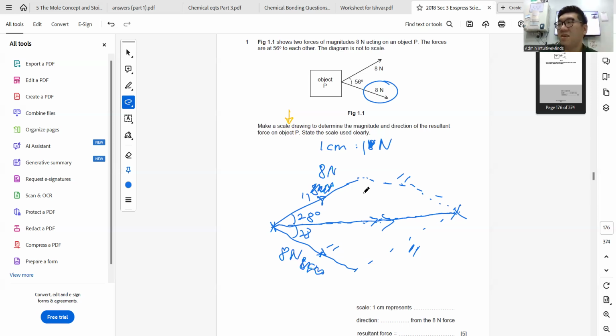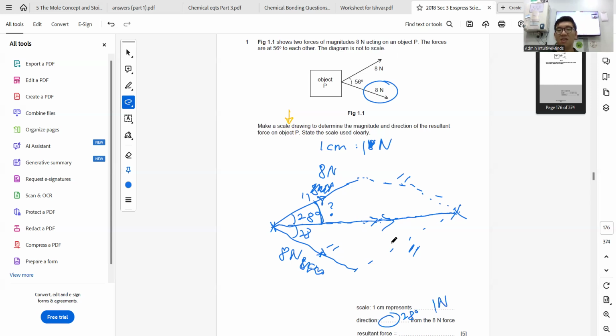There's one more step. Calculations. You need to measure this, which is 28 degrees, right, because they are both equal in magnitude. So you should be getting 28. Because you need to fill in this, this should be 28 degrees.